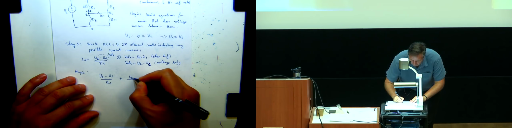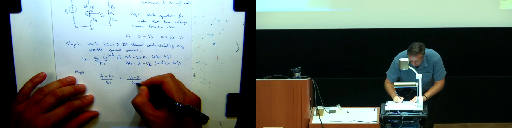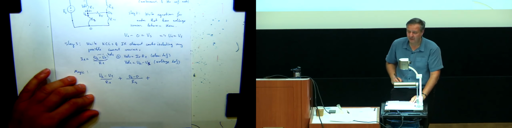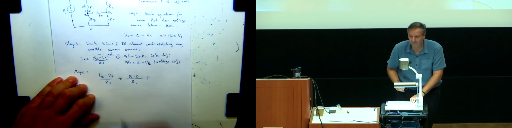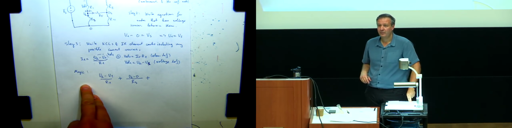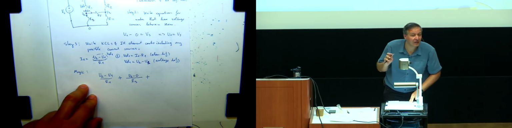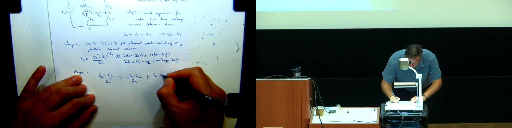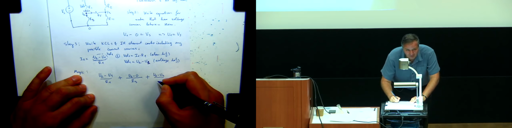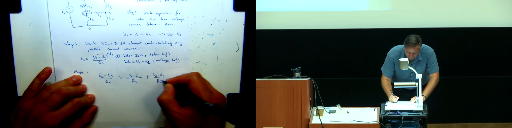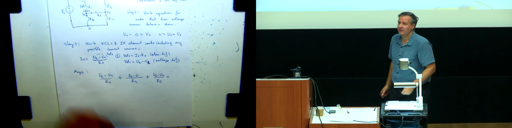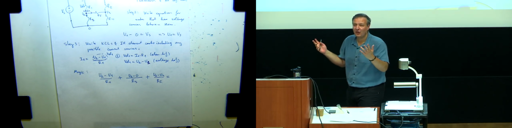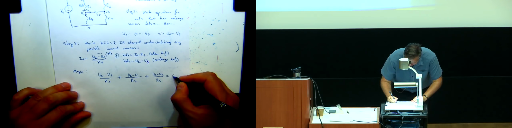Yeah, U2 minus 0 over R3. Plus this current over here. What is that? U2 minus U3. Exactly. U2 minus U3 over R5. And equals to what? 0. Bingo. Jackpot.